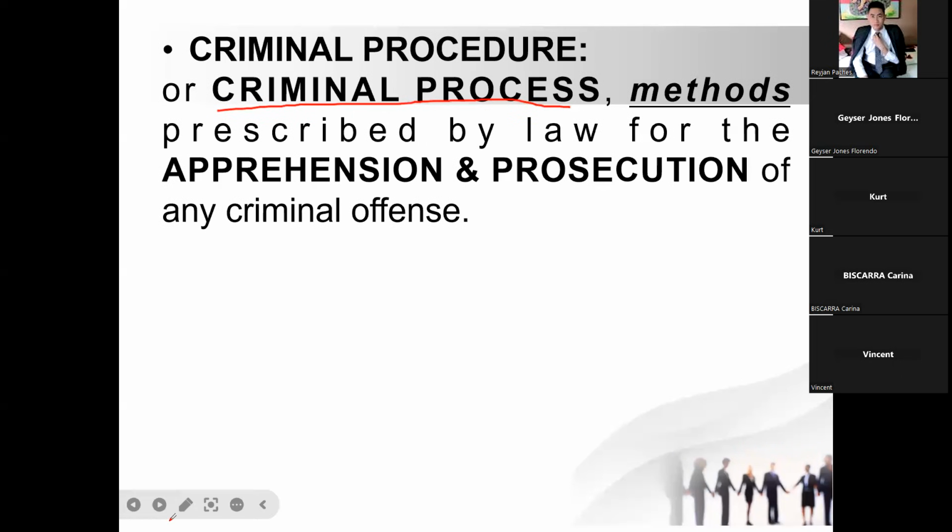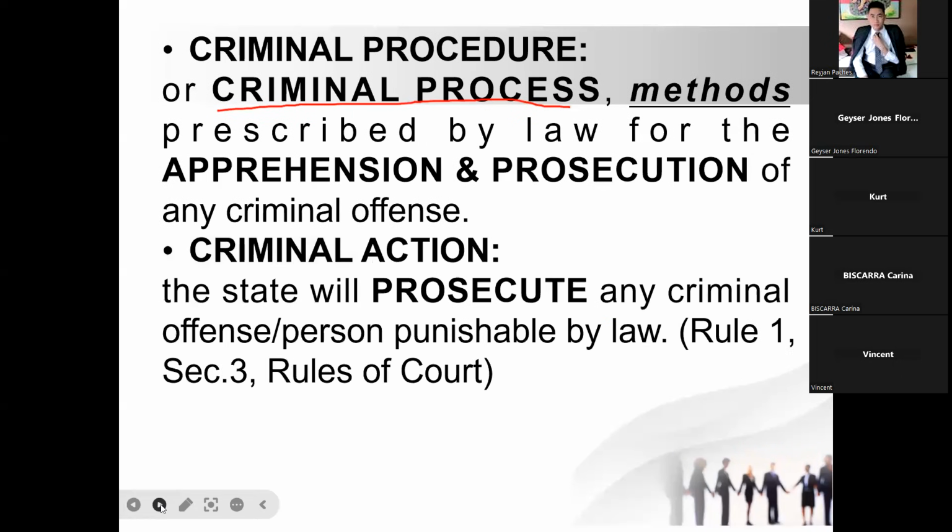Okay. Then of course, we have the criminal action. In the criminal action, the state will prosecute. What do we mean by prosecute? It means we will now file a complaint or information. Later, we will learn the difference between the two.